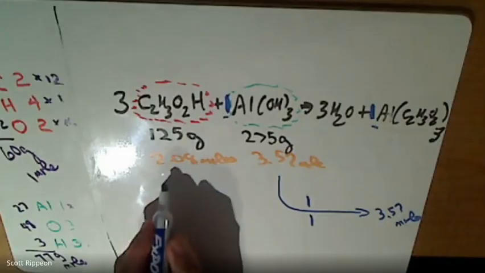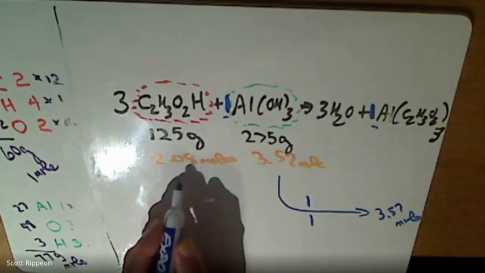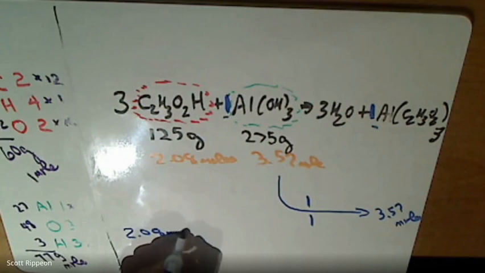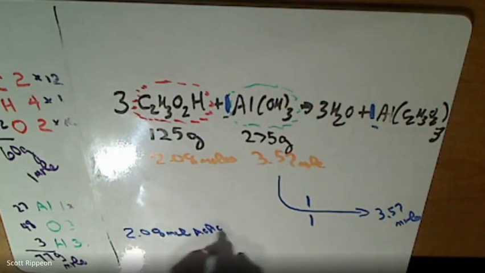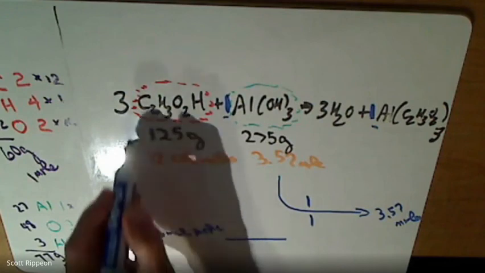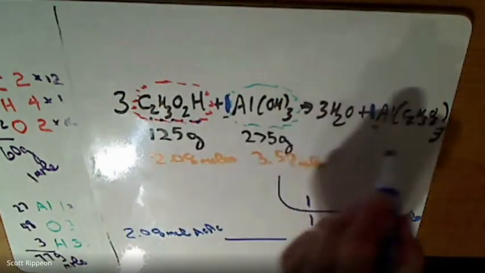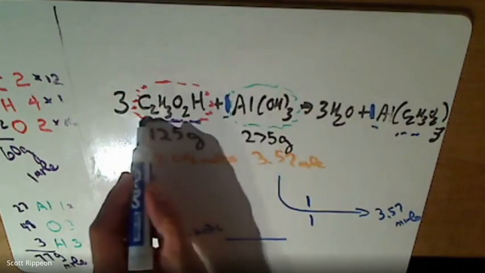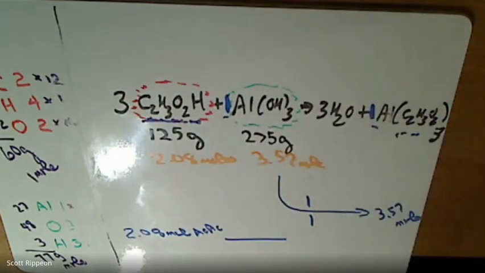Now the other piece of it is this one. This is where it gets a little different because it's not 1-to-1. So it's 2.08 moles of the acetic acid. What's the ratio of these to these? For every 3 of these I start with, how many of these can I make? Only 1.